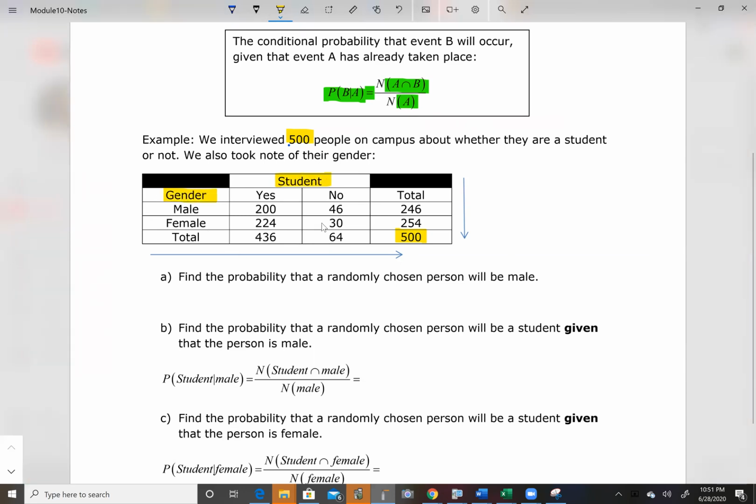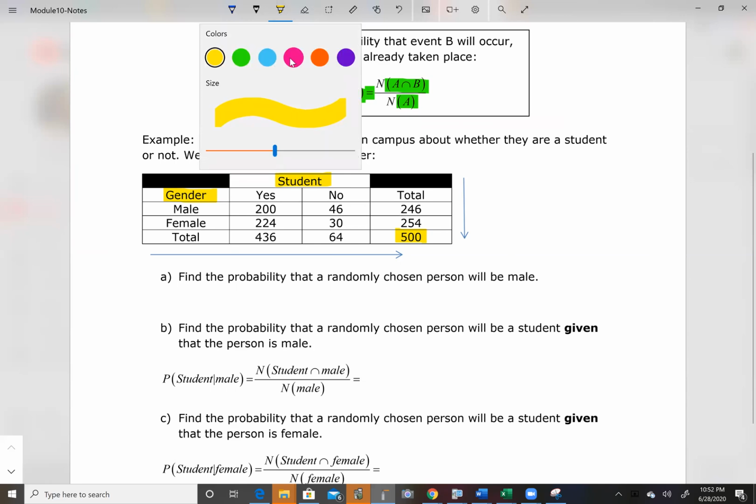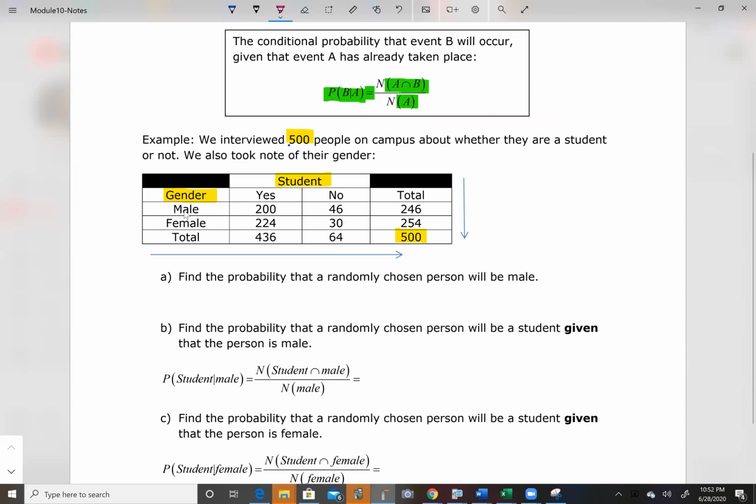So we have a total amount of males here. So these are all of the males. Some are students, some are not. Here's the total number of males. And then we look at our females. 224 are students, 30 are not students, for a total of 254.